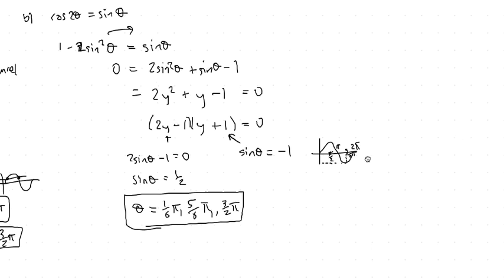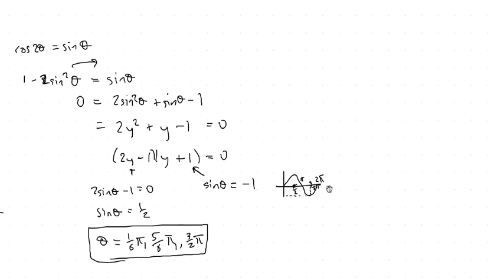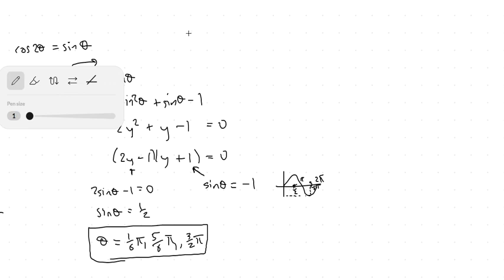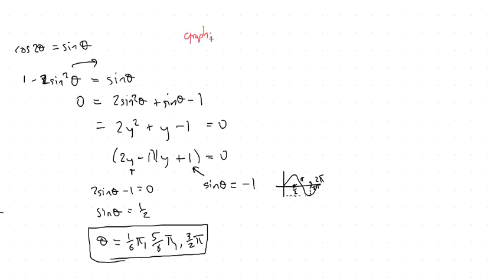So just as an example, cos 2 theta equals sine theta. What you'd want to do on your calculator is go to graph mode, and please try this now. You get your y1, the bit where you type in your graph, and you put cos 2 theta. You get your y2 and you put sine theta.